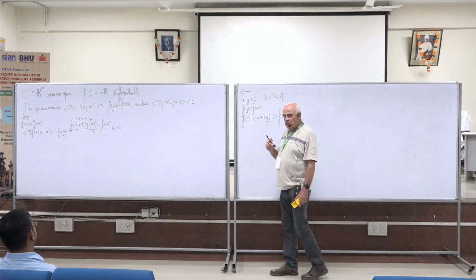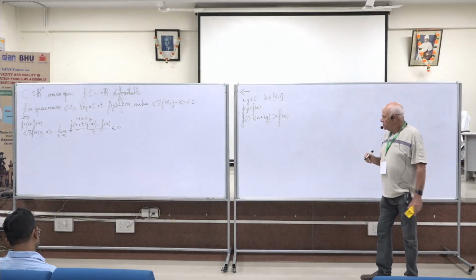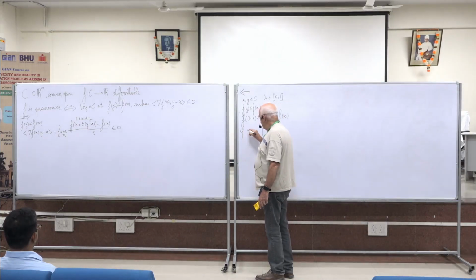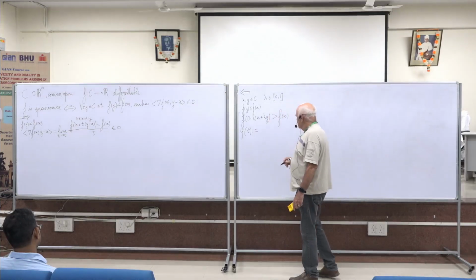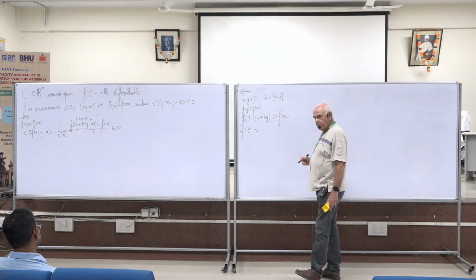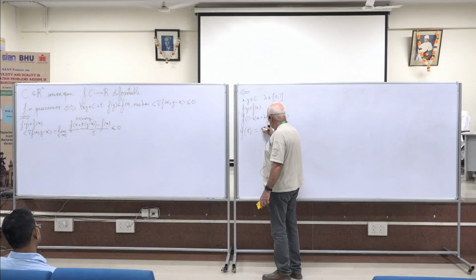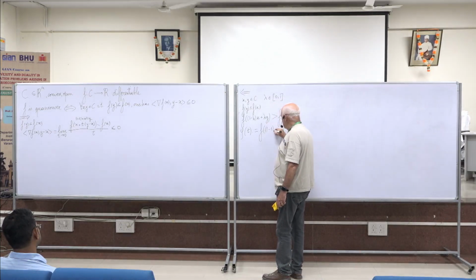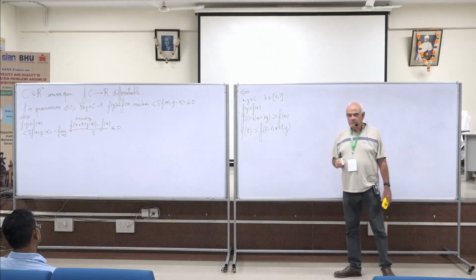So to this aim, I consider an auxiliary one-variable function, which I'm going to call phi of t, for t between 0 and 1, is this expression, f of 1 minus t x plus ty. Okay?